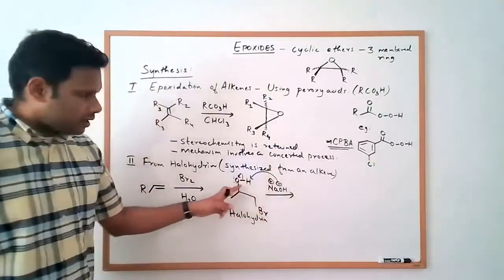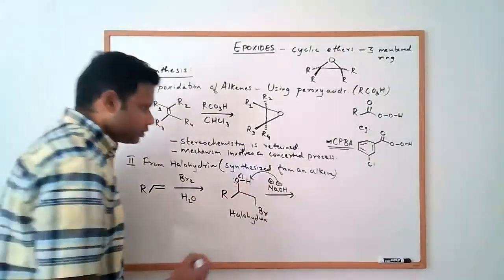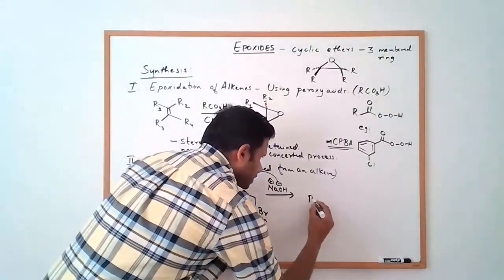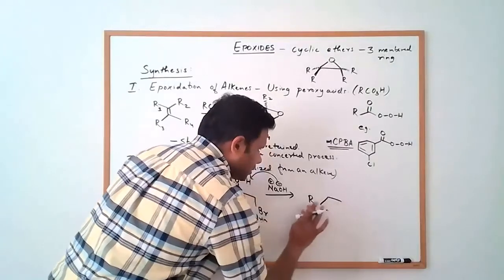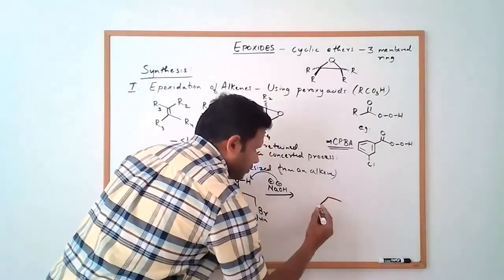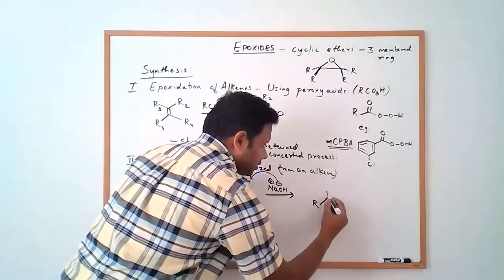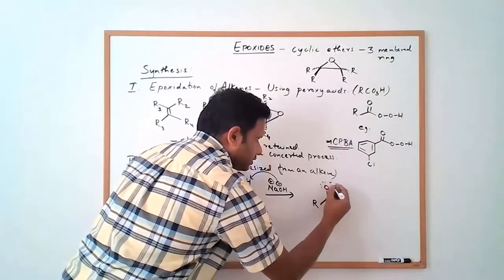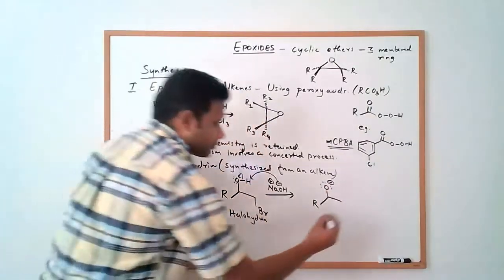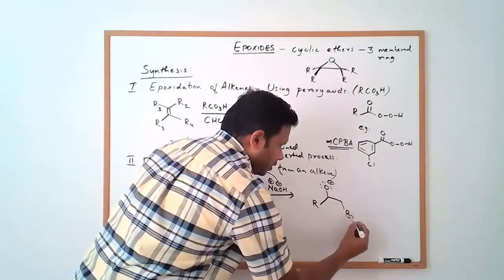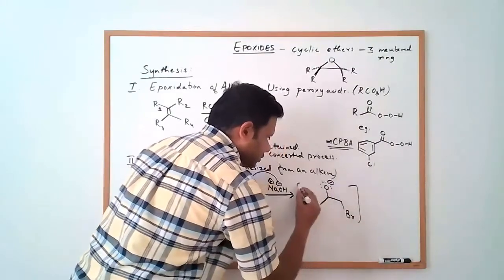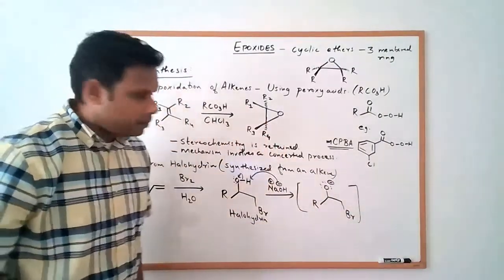It reacts with that hydroxyl group in the molecule. And so we'll get an intermediate where this oxygen is now negatively charged, and we have the Br over here. So that's going to be an intermediate that we will make.